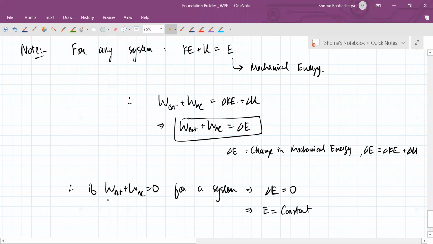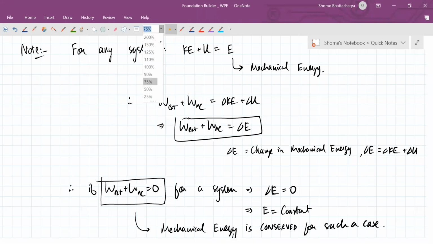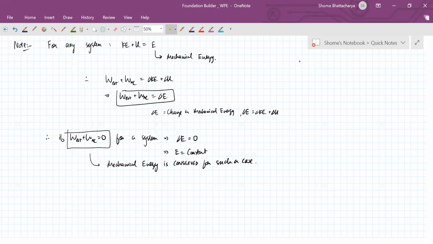So we say that this is a condition for mechanical energy being conserved. For such a case. Okay. So this is the concept of conservation of mechanical energy. Just make a note of this. I will take you back to the previous question.